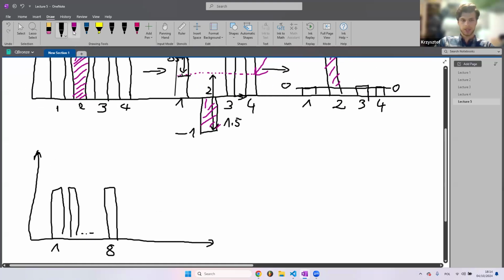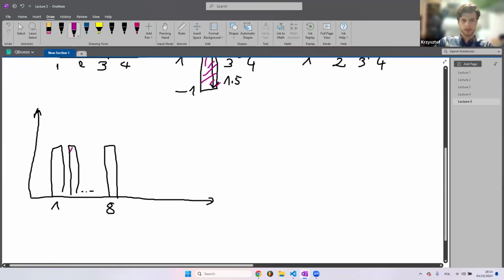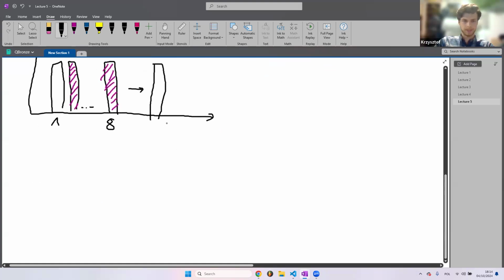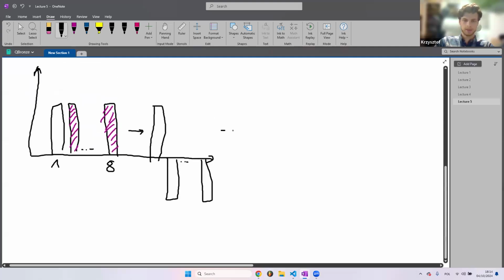You can also try the game with marking not only one element, but 2 elements, and see what will be the result of flipping the sign of those 2 elements, and then also calculate the mean, which will be somewhere here. These are our marked elements.